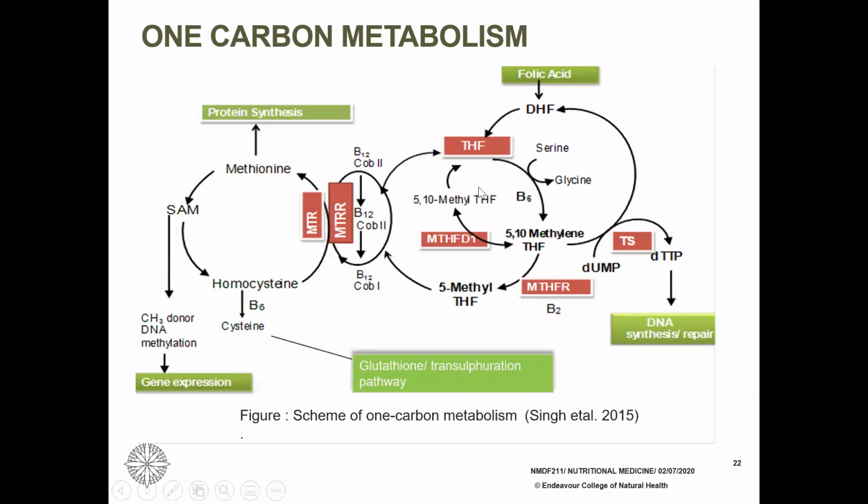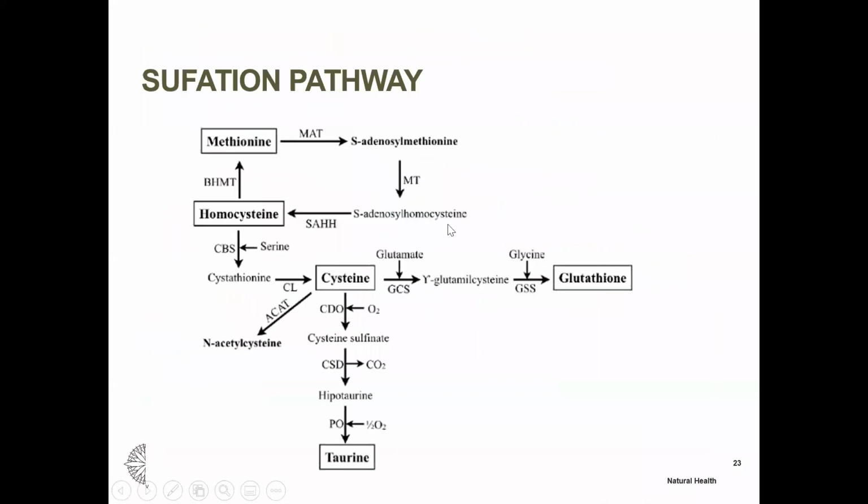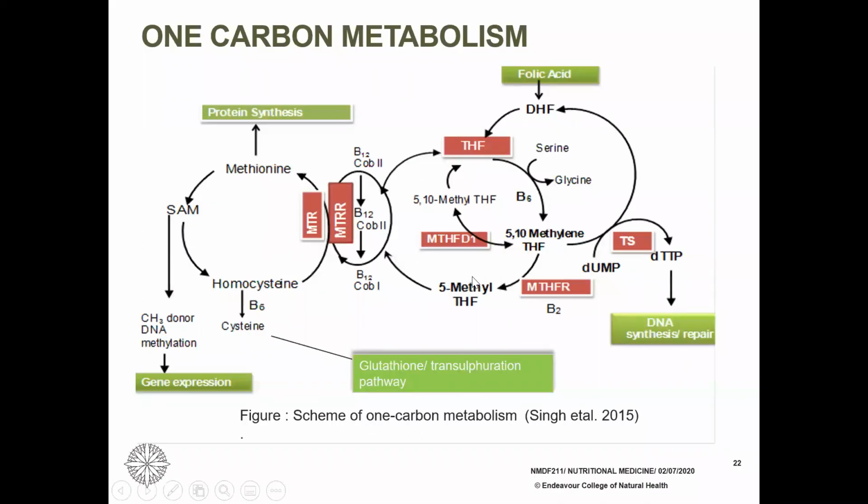So this is the one that they talk about, 5,10-methyl tetrahydrofolate. Why it is important? Because from there I make the active form of folate, that is, 5-methyl tetrahydrofolate. Okay, so that's why they say folinic acid is better.